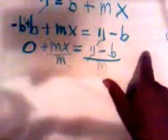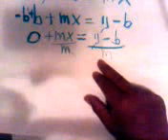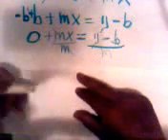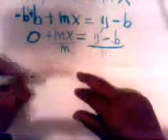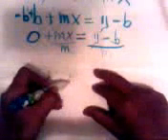Let's check it. 1 over 1 gives us 1. 5 over 5 gives us 1. 1 million over 1 million gives us 1.